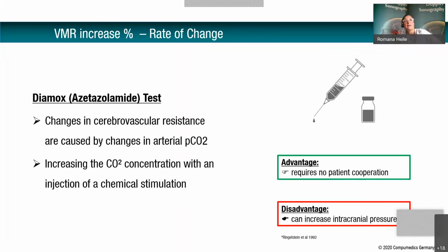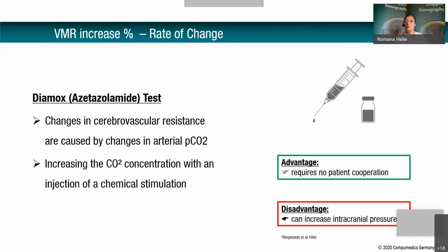So starting with the DIMOX test using a chemical drug, for the test procedure, of course, we need to set up the monitoring. We need to start the CO2 module, and on the CO2 module, the software for this test procedure.